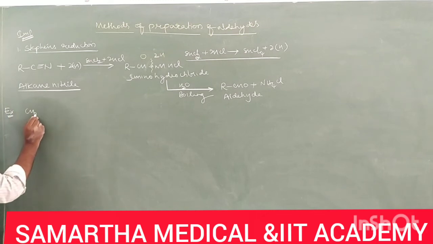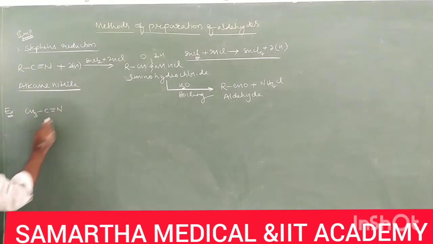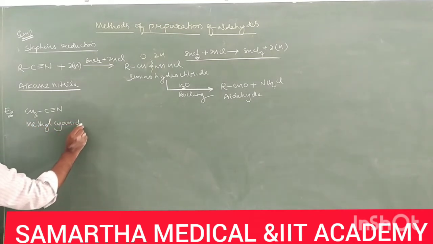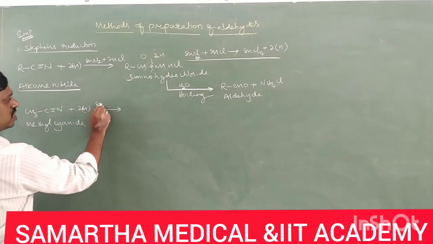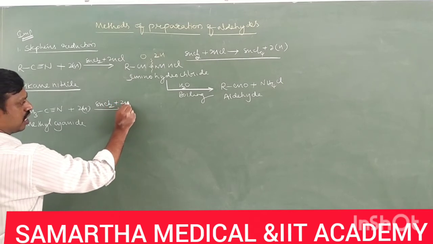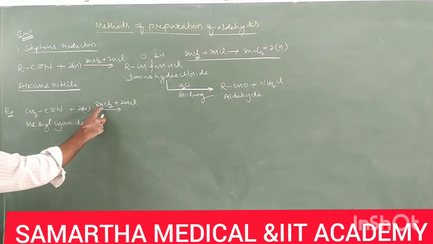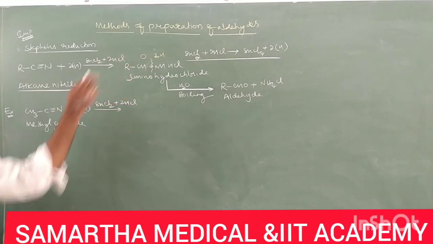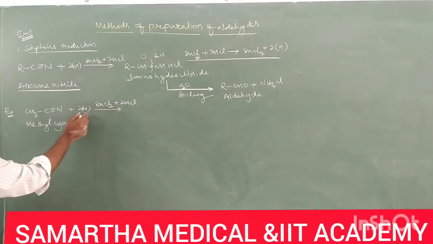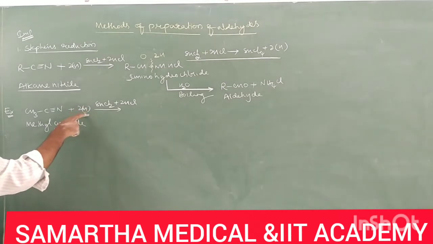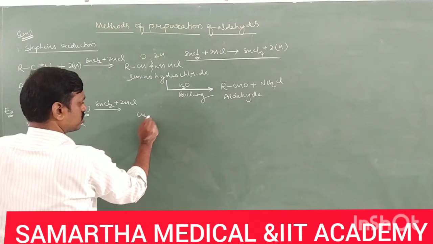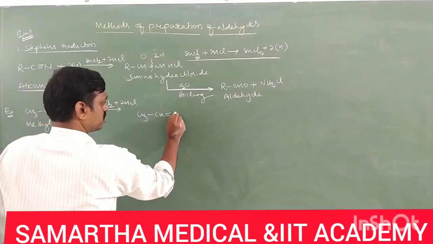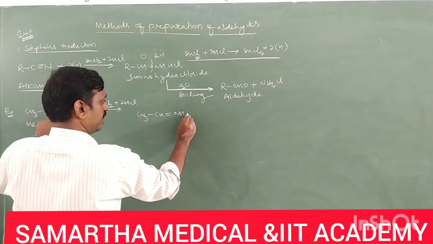I'll take the example of methyl cyanide. We know this is called methyl cyanide. Methyl cyanide is treated with SnCl2 plus HCl. This SnCl2 HCl produces nascent hydrogen, as already written. These nascent hydrogens, written here as 2 hydrogen, reduce the methyl cyanide. So you will get the intermediate, that is CH3 CH double bond NH, NH becomes NH, HCl.